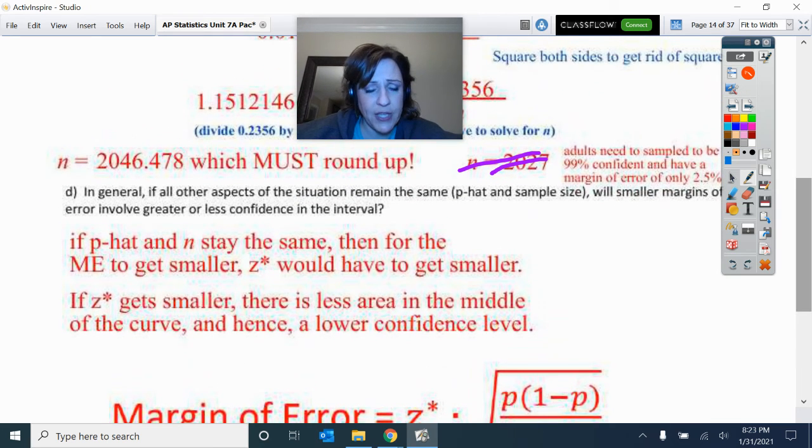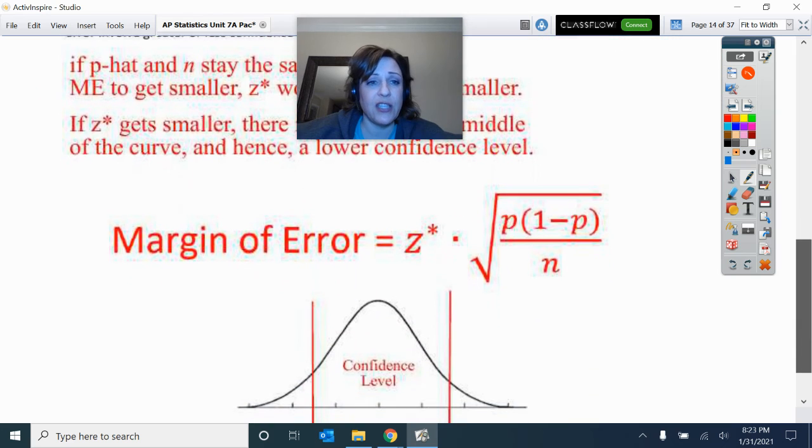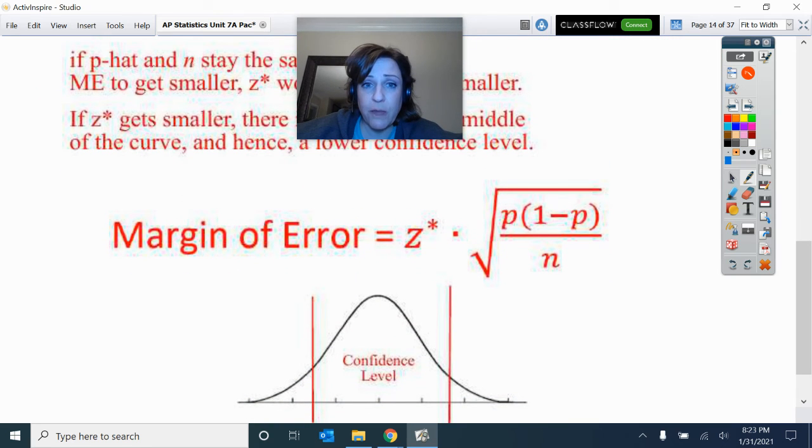All right, in general, if all other aspects of the situation remain the same, the p hat and the sample size, what will a smaller margin of error involve, greater or less confidence? Let's take a look at this. Here's your margin of error.